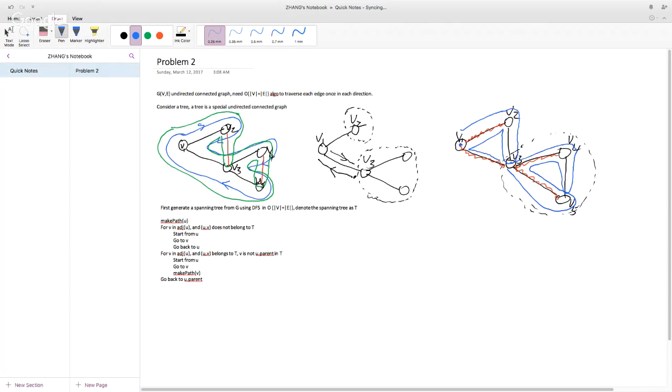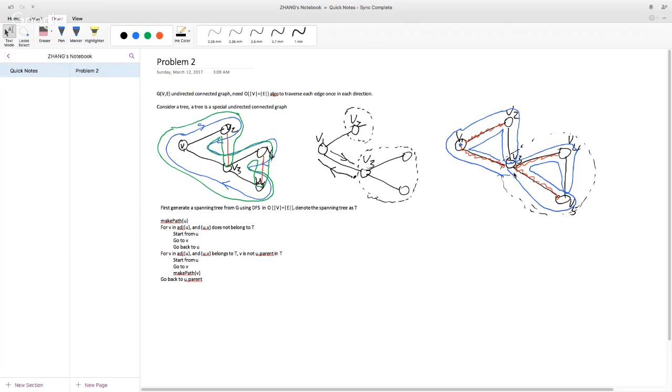Now we're at V3 again, so it's here. We need to go back to V3's parent, that is V1. So for the example, we have shown the algorithm works correctly.